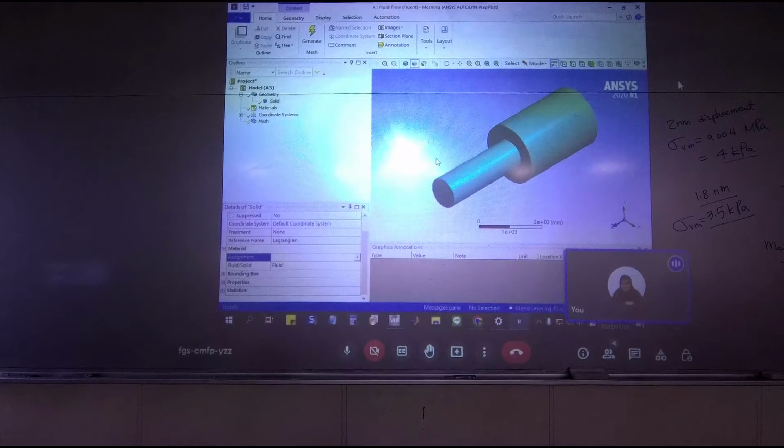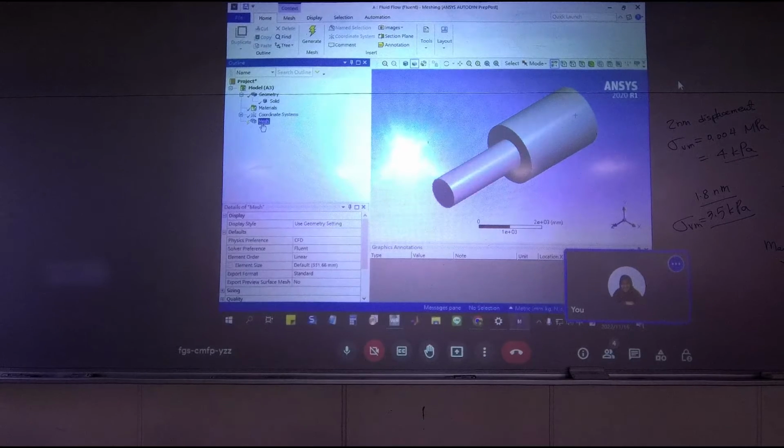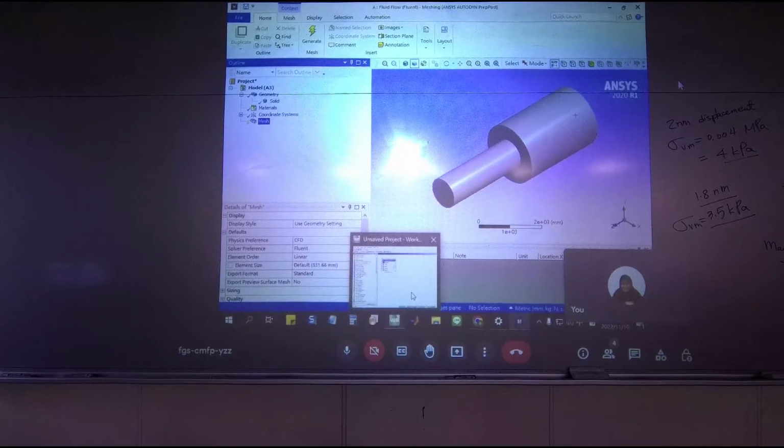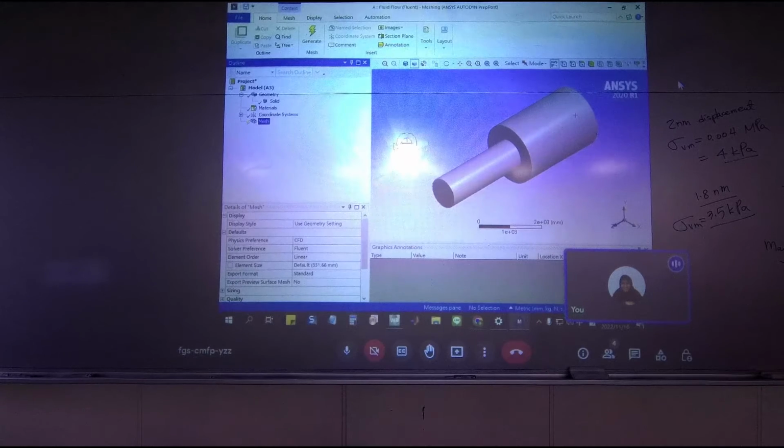Okay, now can we try maybe mesh? What do we do? Let's generate. How do we 怎么建边界条件 boundary conditions? 好，那个是在下面的。 在那边。 Okay. Let's try to do boundary condition.